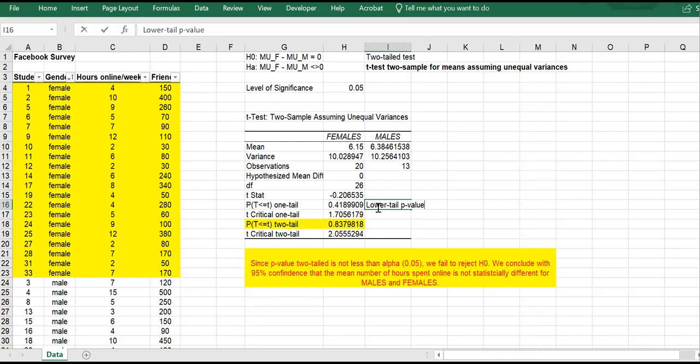If this was positive, then the p-value one tail would be the p-value upper tail, right? So this is the p-value lower tail. And if we were looking for the p-value upper tail, that would be 1 minus the p-value lower tail, which would be 0.58. But anyways, it's not going to change our conclusion here.